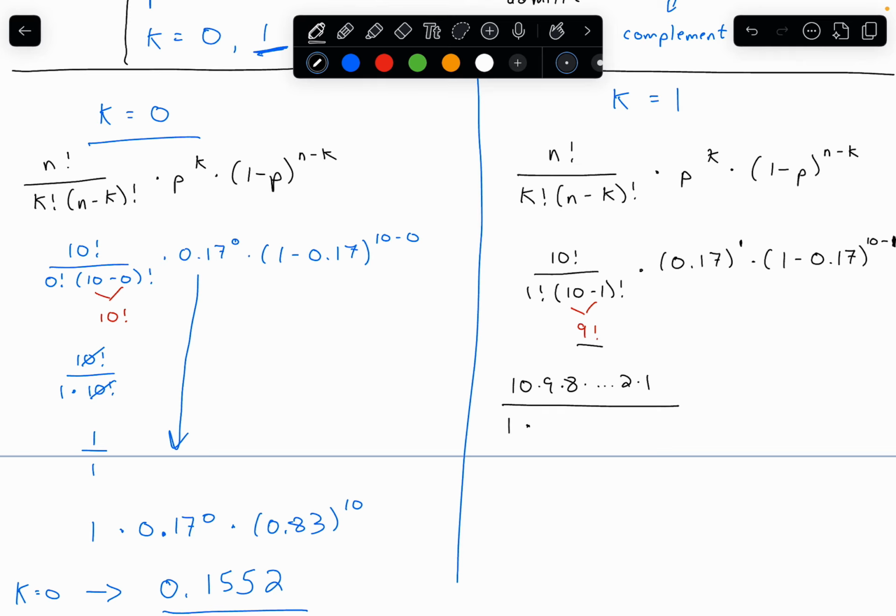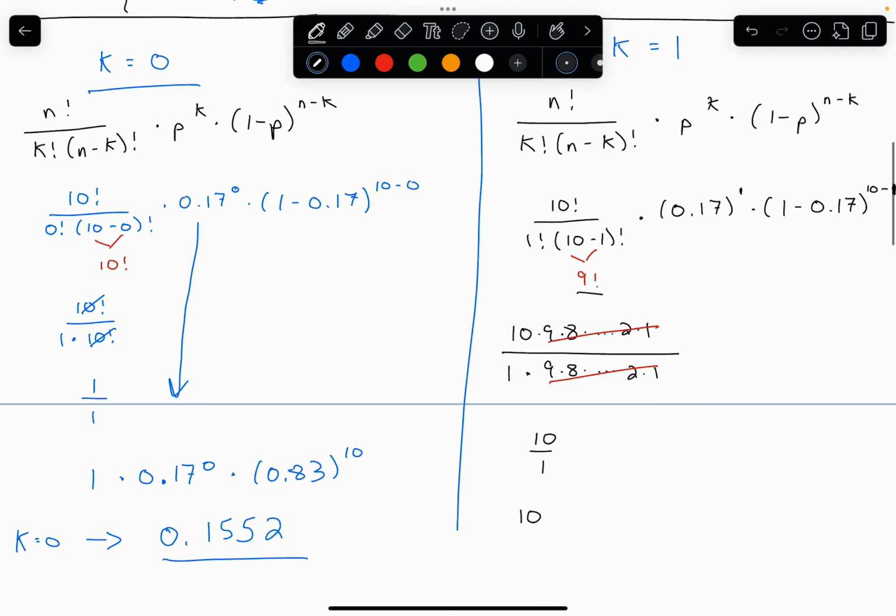And then 9 factorial is going to be 9 times 8 times 7 times 6, all the way down to 2 times 1. Again, I should have a bunch of stuff cancel out, which I do. And I'm simply left with 10 over 1, which simplifies, of course, to 10.